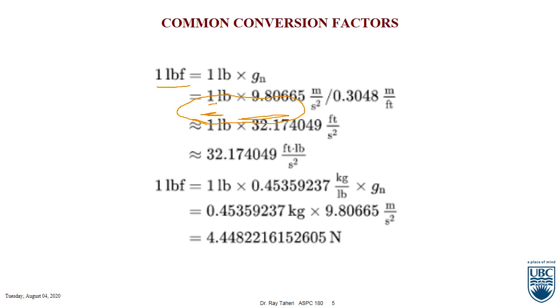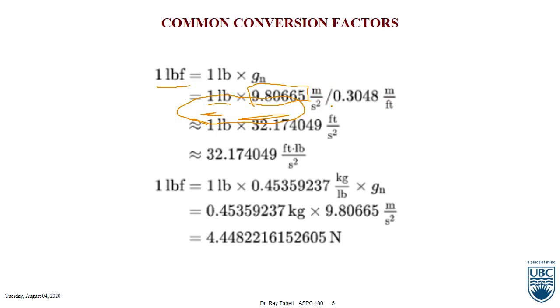So the conversion starts from pound multiplied by the acceleration of gravity, g, and then you divide it by the value that we already represented, which is 1 meter, the conversion of meter per foot.